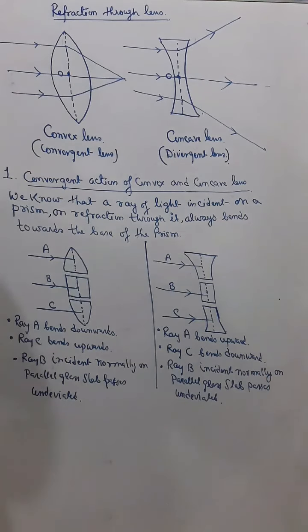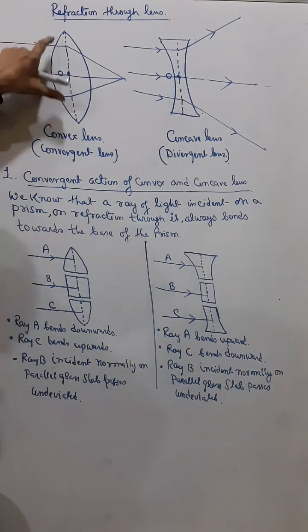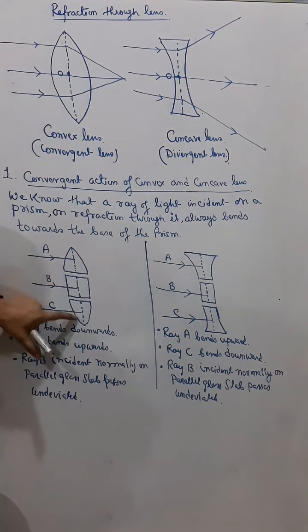Now this we can understand, the action of convex lens and the concave lens, by imagining them as a combination of prism and a glass slab. If you see here this convex lens, we can think in this way.